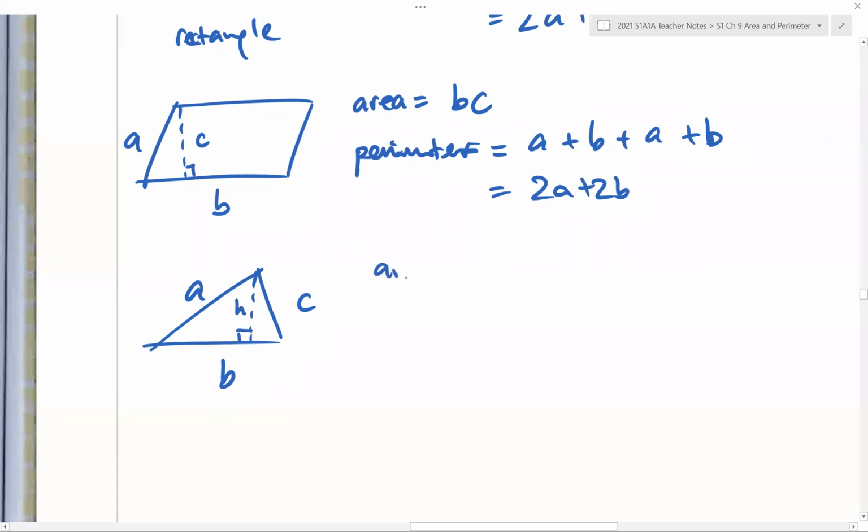So area, what do we have? What is the formula for the area?